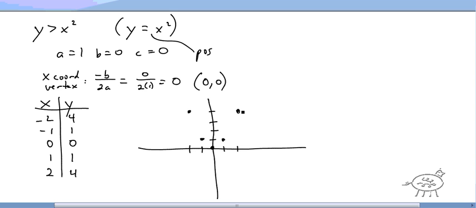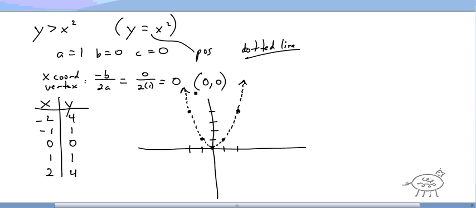Remember, it's a U shape. Don't draw a V here. And of course, it's y is greater than, so this one's a dotted line. It's going to look like this. Okay, that's what the graph is.